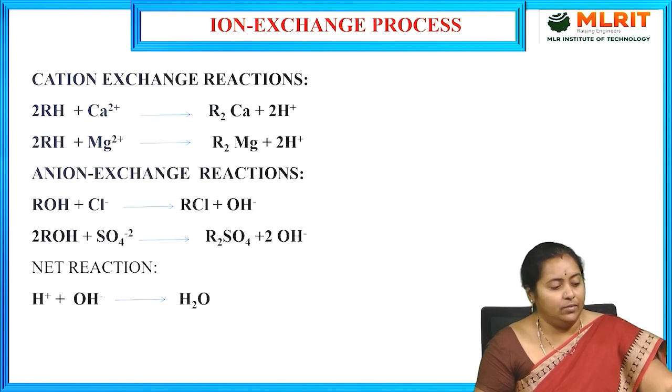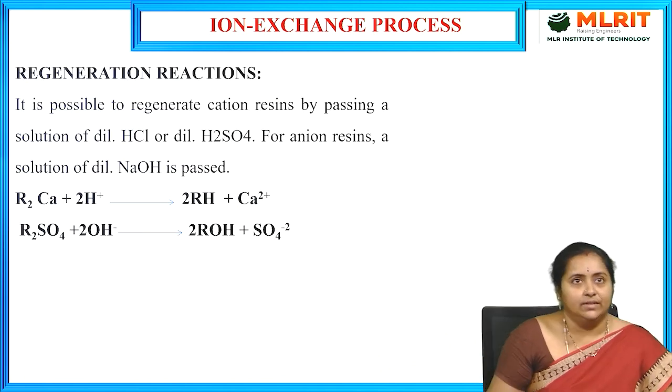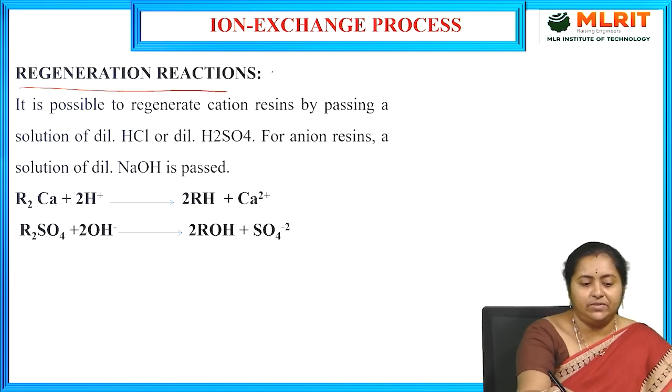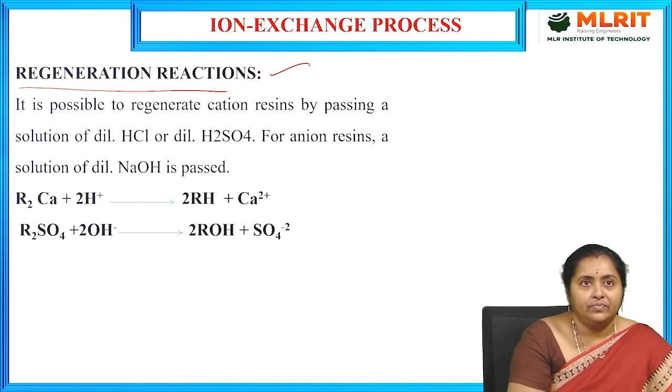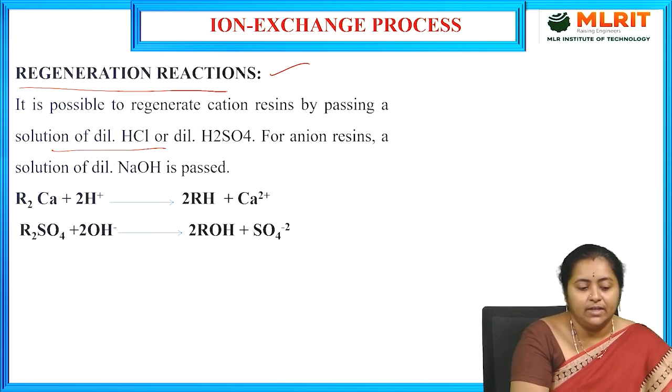And what happens during regeneration? If you notice the regeneration reactions, as I told you, we can regenerate the cation exchange resin by passing dilute HCl or dilute sulfuric acid solution into the regeneration chamber and then injecting it into the cation exchanger. This is the corresponding reaction that is happening.